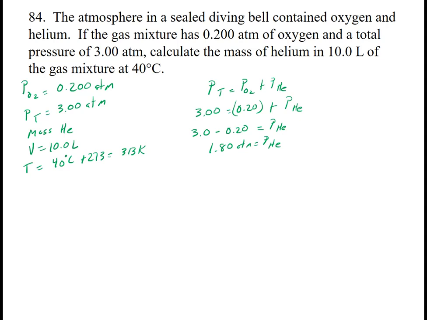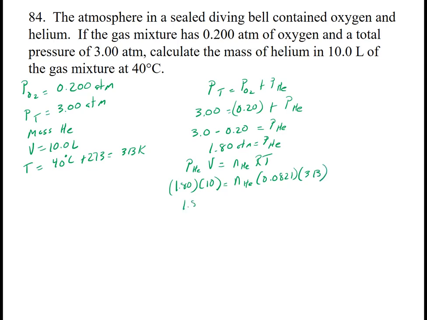Now that I have the pressure of helium, I can find the moles of helium using the ideal gas law. So the pressure of helium times volume is the moles of helium, RT. So I have 1.80 times 10, N is what I don't know, times 0.0821 times 313.